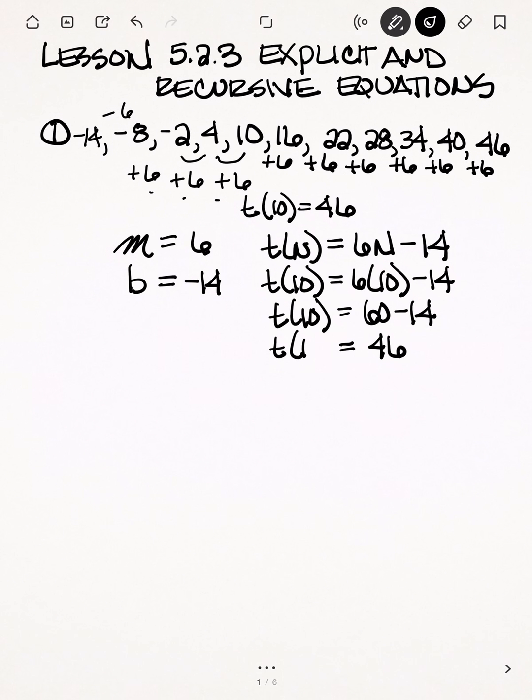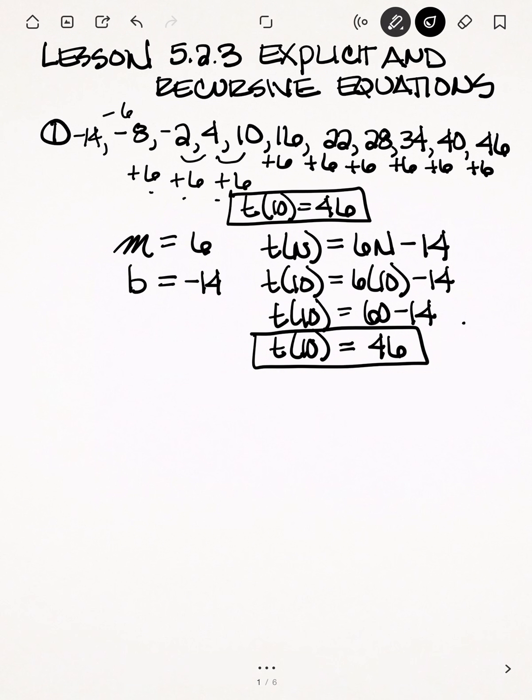T of 10 is equal to 46, and that's the same answer that I got up here. So we definitely like to do it this way better because it's going to be a lot less work if the problem asks for further information away from what we have.